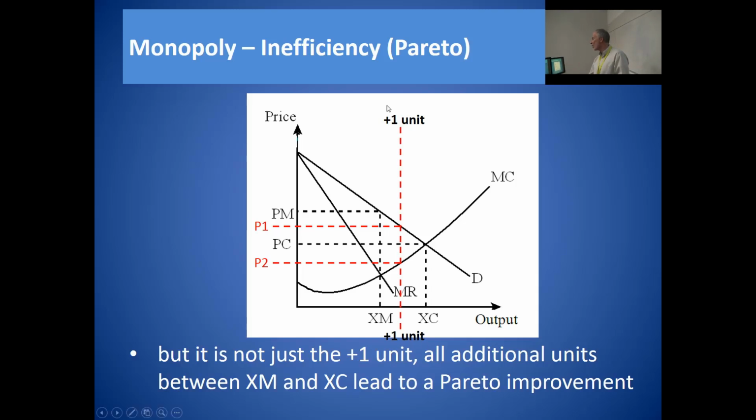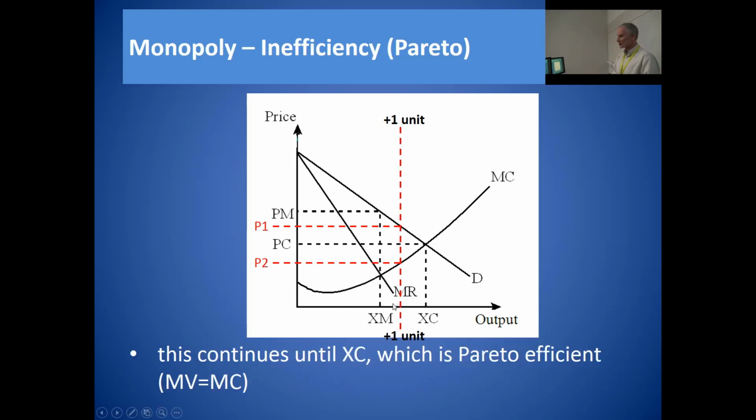We ran through one very specific unit here, but exactly the same line of reasoning will apply to all of those units between XM and XC. And that will continue until we arrive at that point there, until the market is producing XC units of output.